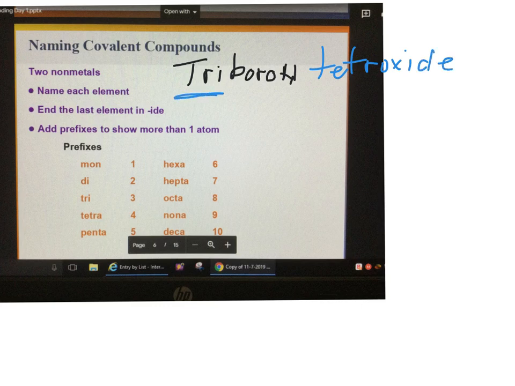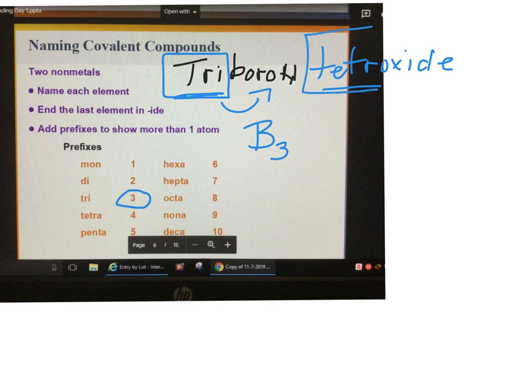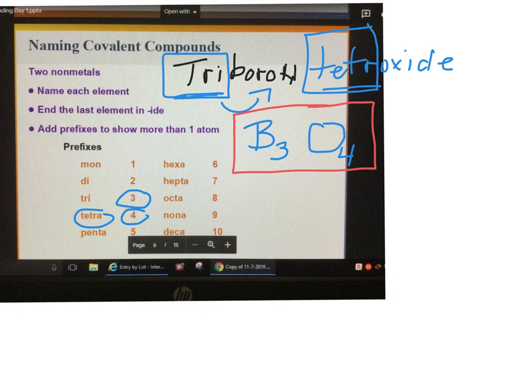This prefix tells you exactly what you're going to use. This is a scientist's way of saying, I don't care what the charges are, I want you to use this many. For boron, tri is 3, so boron will have 3. And oxide is for oxygen. Tetra is down here, so I'm going to have 4 oxygen. This will be your chemical formula for a covalent compound.